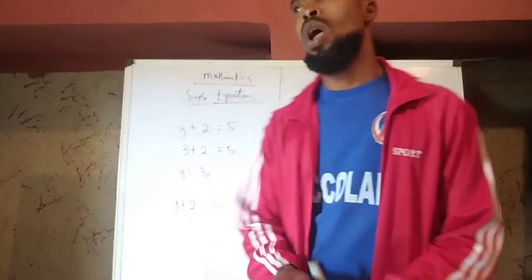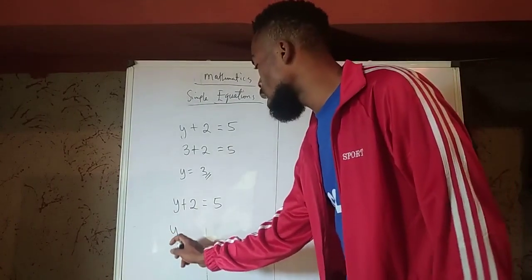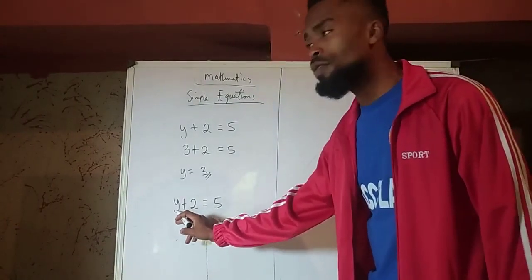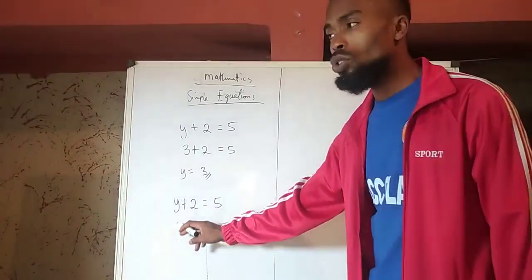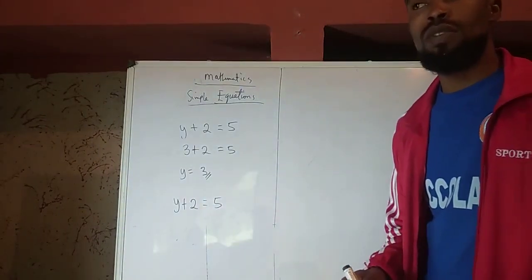Following that rule, I have y plus 2 and I'm looking for y. I have to remove this 2 to know what y is. If y stands alone, I'll be able to know what it is, right?